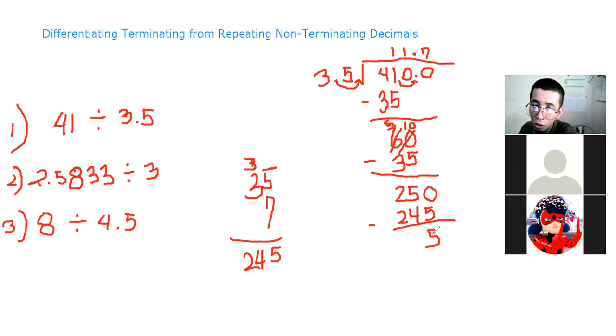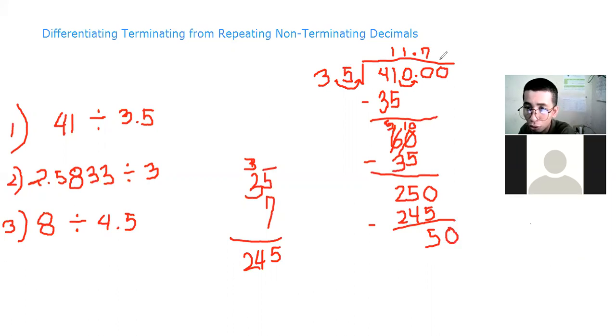Since we have 5, hindi pa siya nagiging 0. So magdadagdag pa tayo ng another 0. 50 divided by 35, 1 lang ang sagot doon. Then 1 times 35, that is 35, so 15 na magiging sagot natin. Then we're going to add another 0, and another 0. 150 divided by 35.